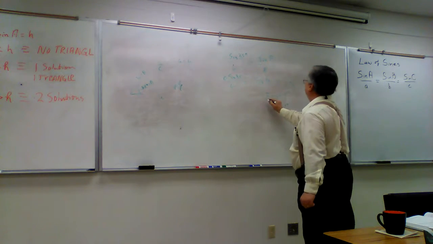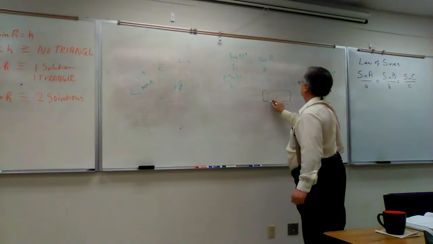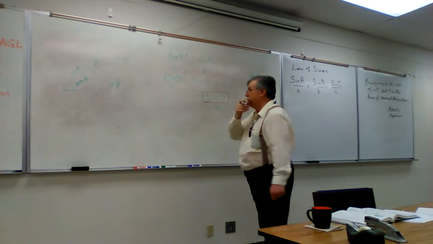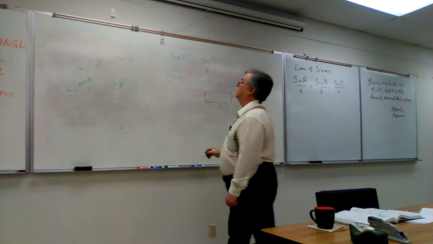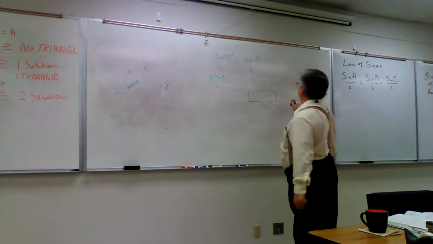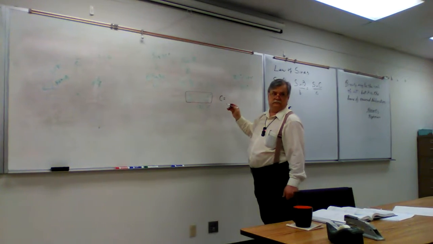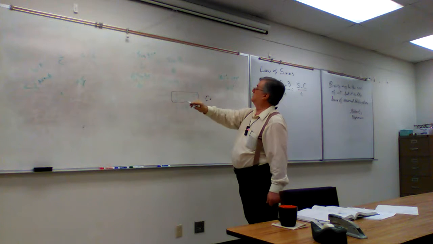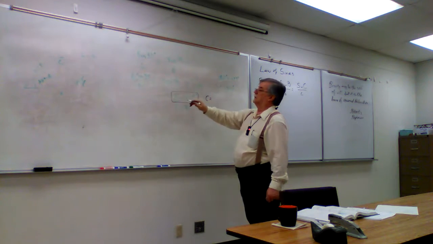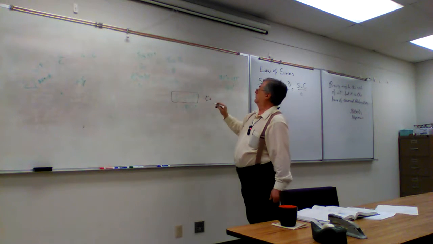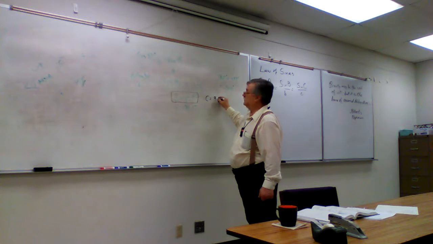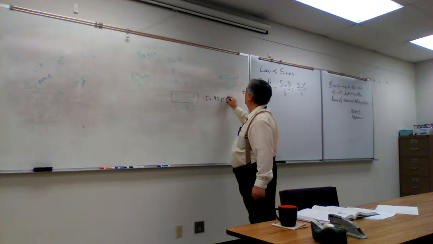Let's solve first using this solution. If we use B as 49.9, then C has to equal 95.1 degrees.